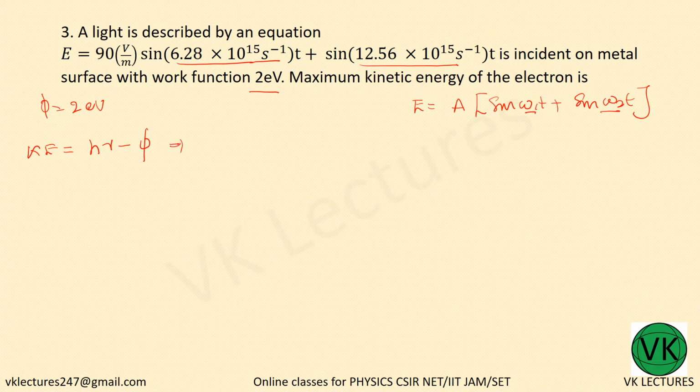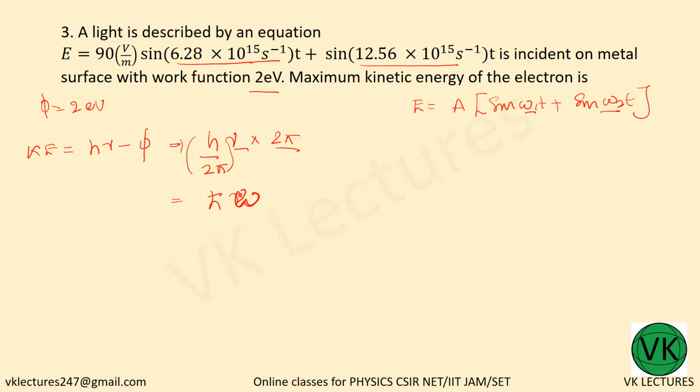This one we can write as h nu into 2 pi divided by 2 pi. This h by 2 pi is nothing but h cross or h cut, and 2 pi into nu is nothing but omega, h cross omega.